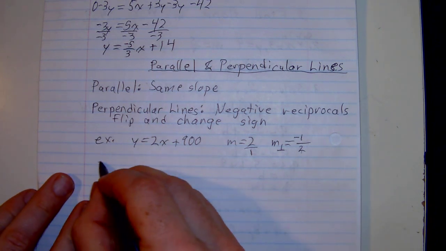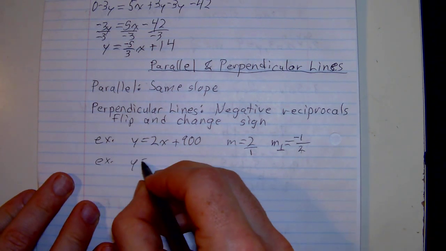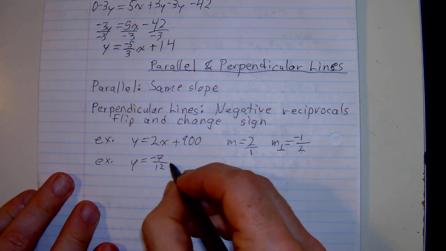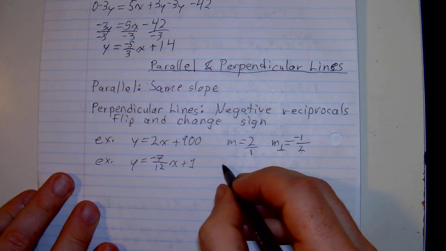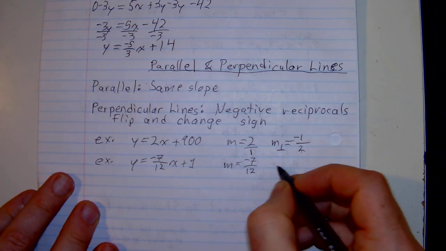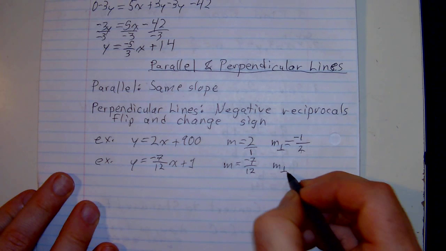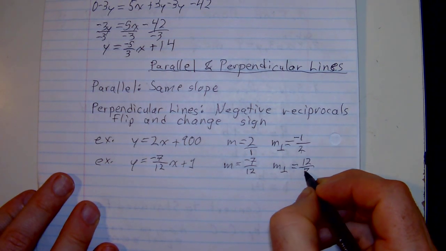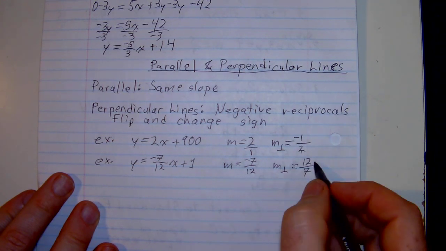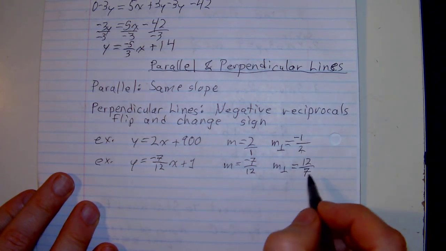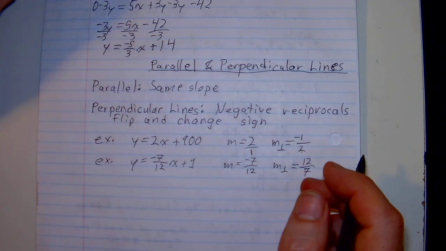If I had, give you another example, y equals negative 7/12 x plus 1. Well, my slope is negative 7 over 12. If I flip that, so perpendicular slope, I'm going to get 12 over 7. And this was negative, so this one is being changed to a positive. And so two lines with these slopes are perpendicular.